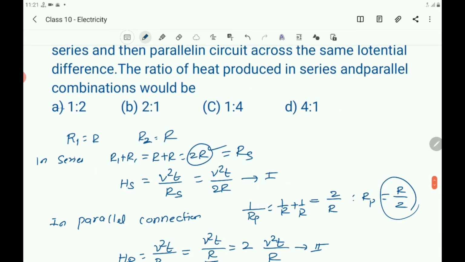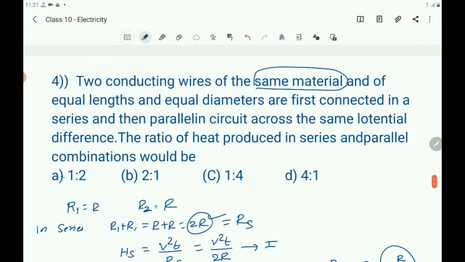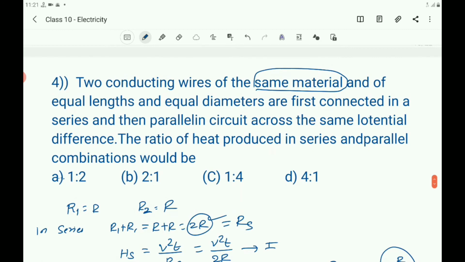So here let us glance once again what they given. Two conducting wires of the same materials and of equal lengths and equal diameters are first connected in series and then parallel in circuit across the same potential difference, the ratio of heat produced in series and parallel combinations would be. Here identical wires are there, they are of the same materials with same length and same diameter.